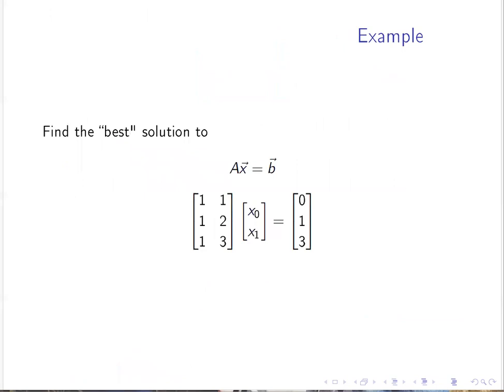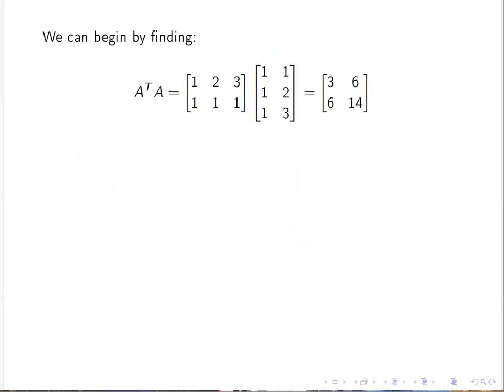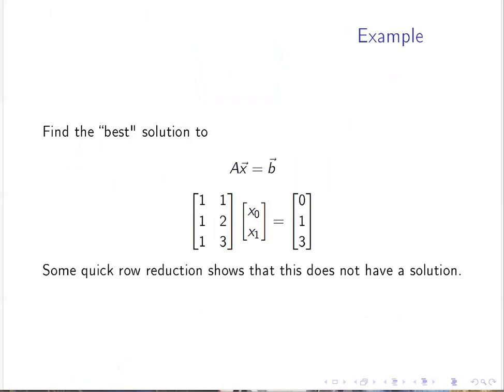But let's look at an example. Let A equal 1, 1, 1, 2, 1, 3. You try solving this. A quick row reduction shows that it does not have a solution. You row reduce the left-hand side, and a quick row reduction would end up giving me 1, 1, 0, 1, 0, 2, 0, 1, 3.